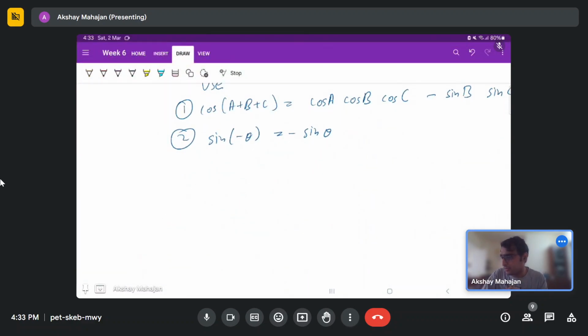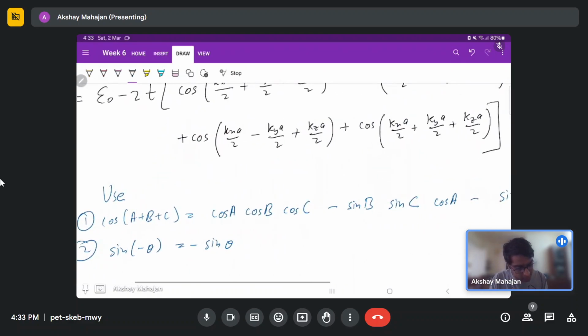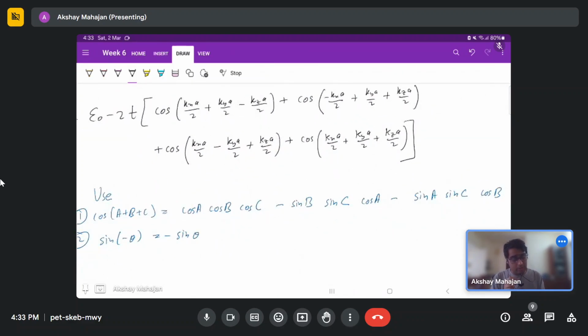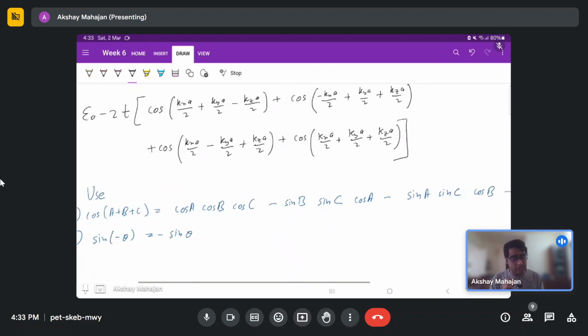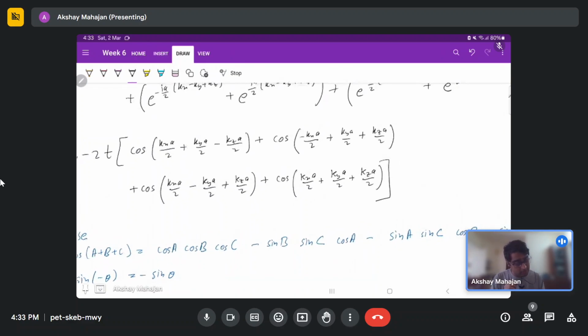If you use it, then now I'm just going to write the final answer. But I can show you what will happen when you open this using cos a plus b plus c. You can see cos a cos b cos c, then you will have some sin theta terms, because some of them will have minus terms, so most of the terms will cancel out.